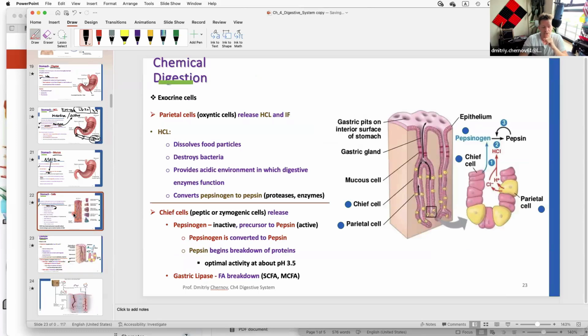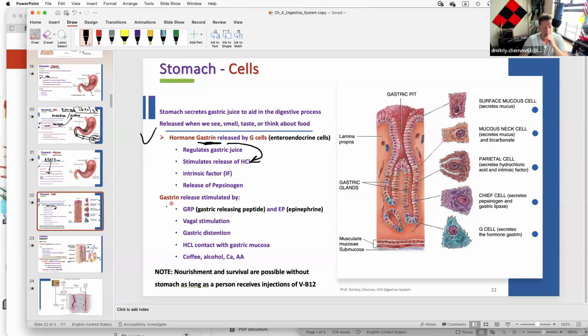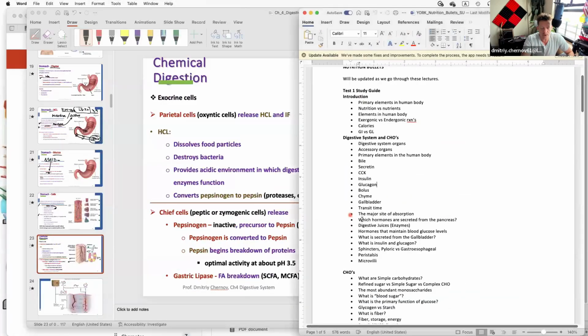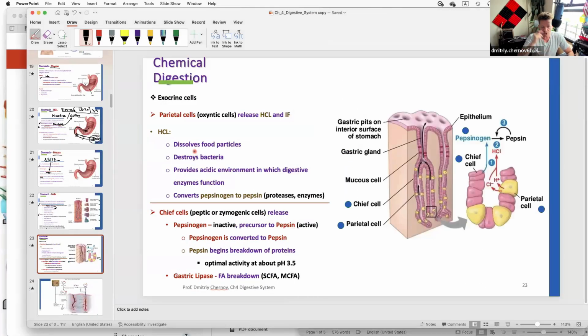I need to explain this process. It's not on the bullets, right? But I need to explain, so it is important.